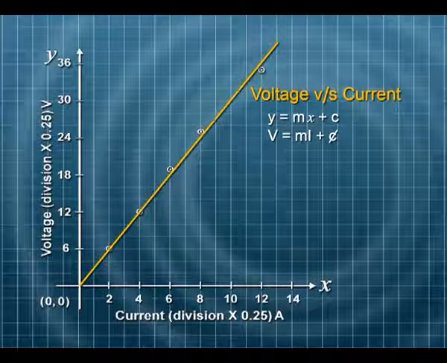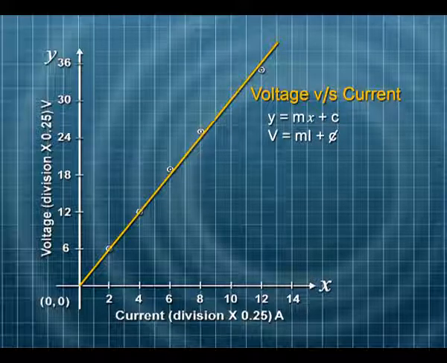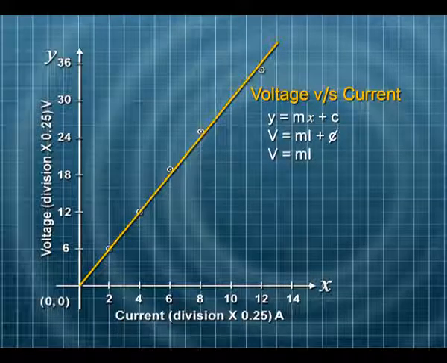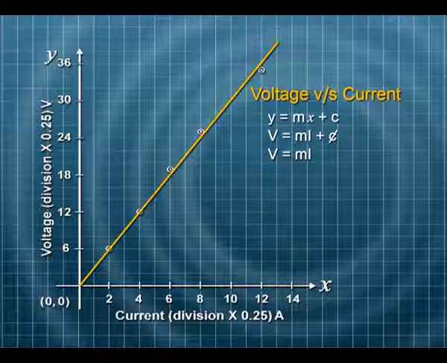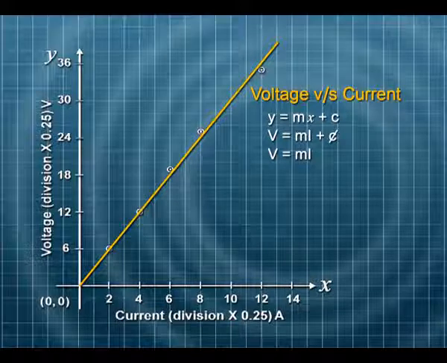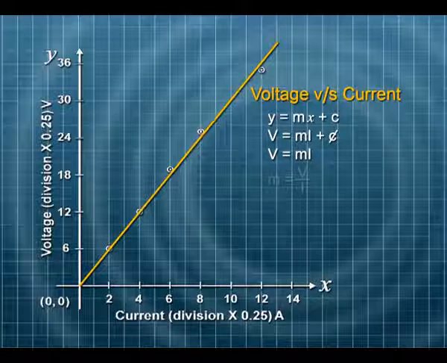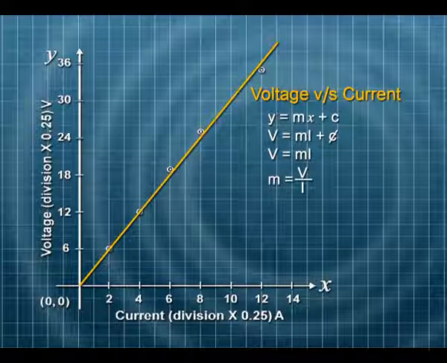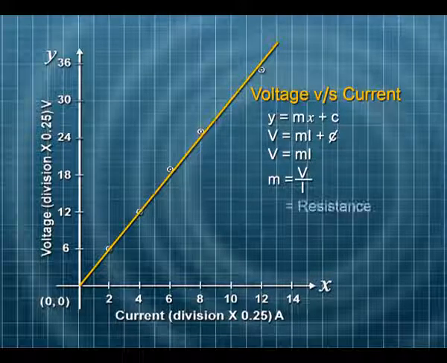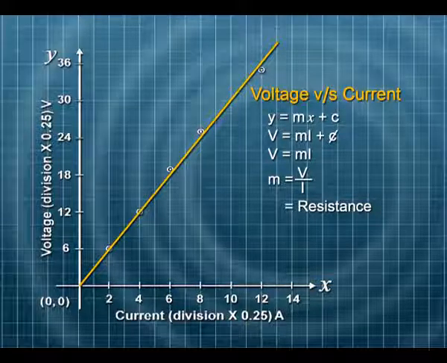So, c need not be included in the equation, and so V equals mI is the equation of this line. The slope of the line in this case has a physical significance. What is the physical significance of this slope? m equals V upon I, which is our resistance. So, the resistance of the wire would come out to be the slope of this line.